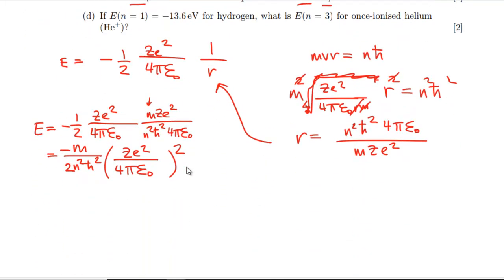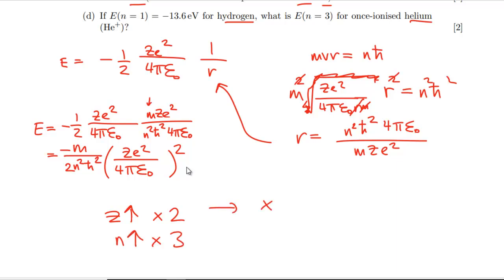Now part D. If E for n equals 1 is that, what is E for n equals 3? Oh no, it's not as simple as that, because that's hydrogen and that's helium. So Z has doubled, Z has gone up by 2. And N has gone up to 3.